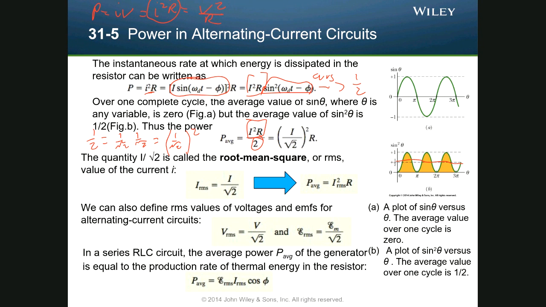You'll notice that's defined here as I over the square root of 2, and we now have the ability to write the average power in terms of this RMS current. We can say that the average power equals IRMS squared times R, and we have an average power for AC circuits that looks a whole lot like our power for our DC circuits.